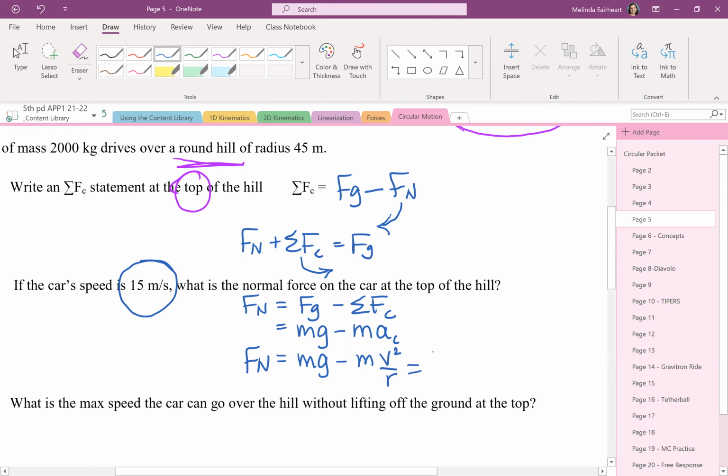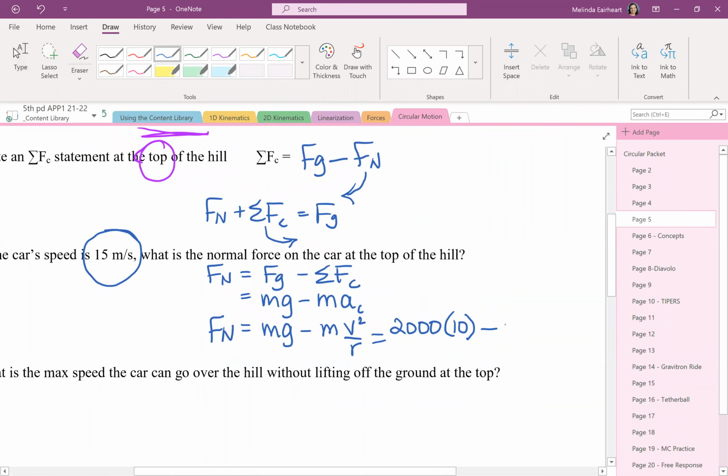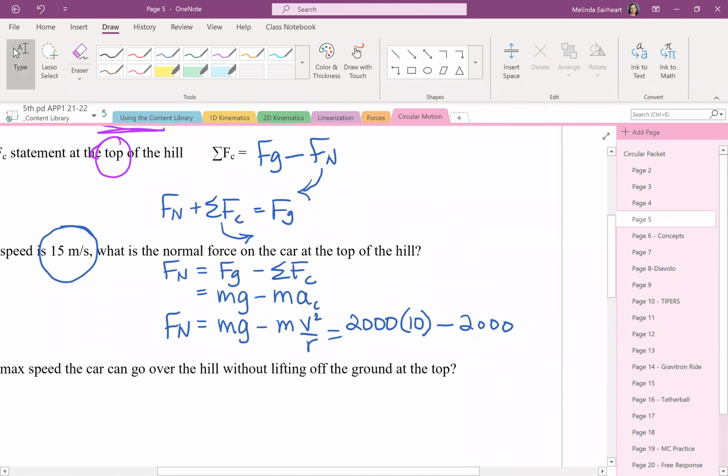So let's plug some numbers in. 2,000 times gravity, 10 or 9.8, minus, and if you want to factor out mass, you can. It doesn't save much, so I'm not going to. And then times the speed, 15 given, don't forget to square, over the radius, which at the top they told us was 45.